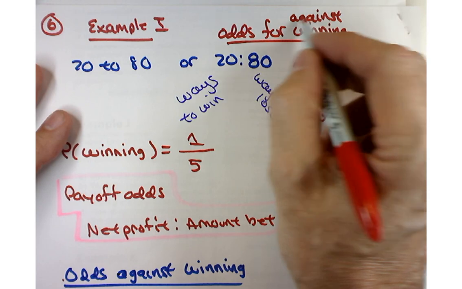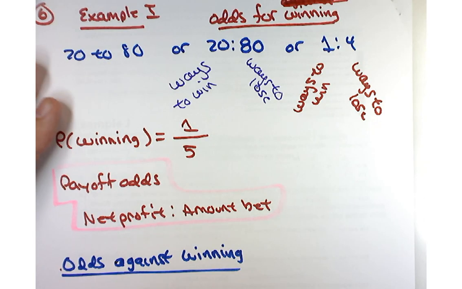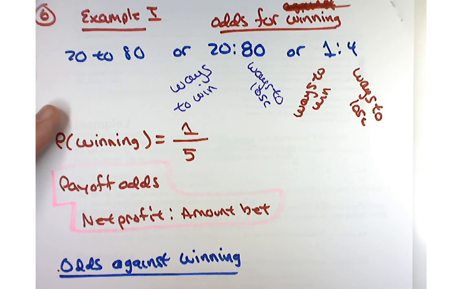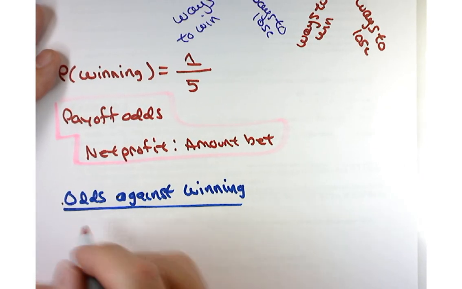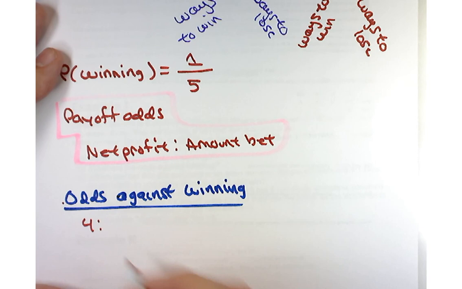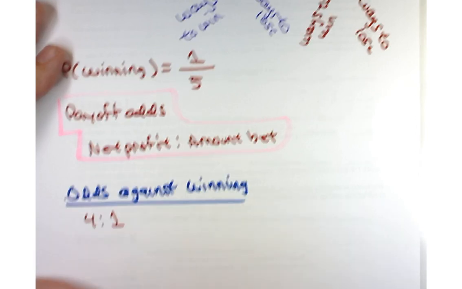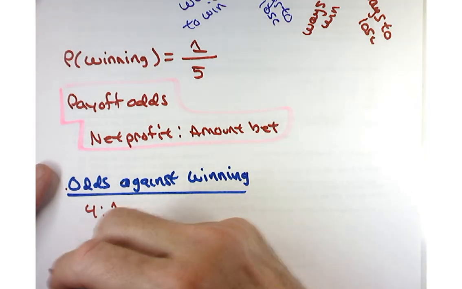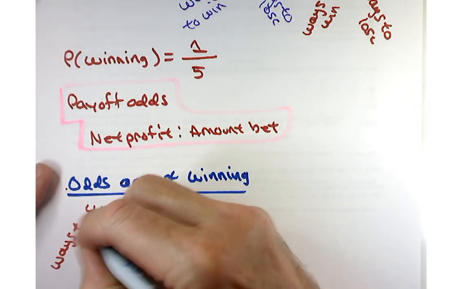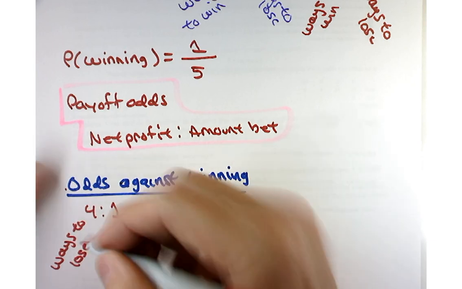No, those are the odds for winning. I was right. I thought I was wrong, but I was merely mistaken. These are the odds for winning. What are the odds against winning? 4 times you lose. How many times you win? 1 time you win. So this is the number of ways to lose versus the number of ways to win.